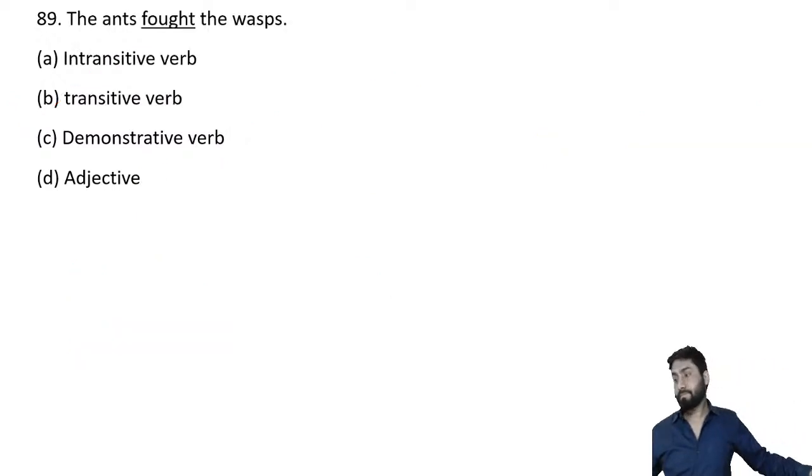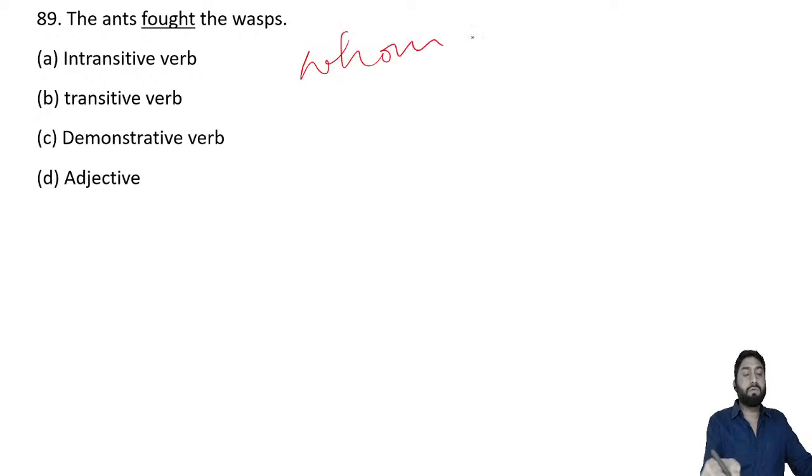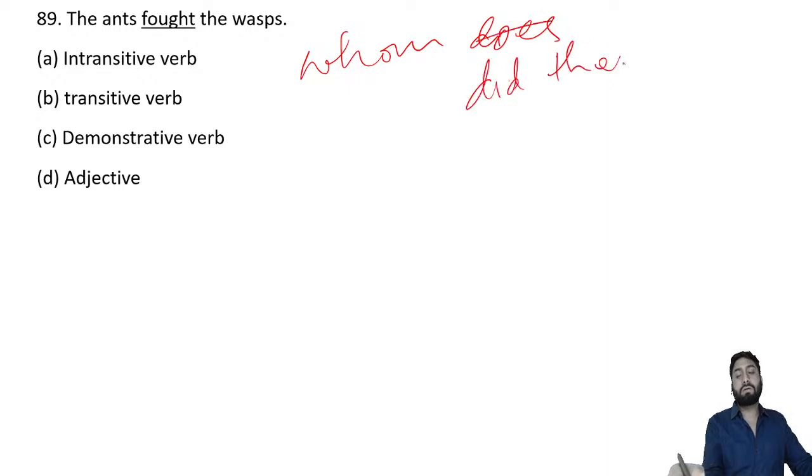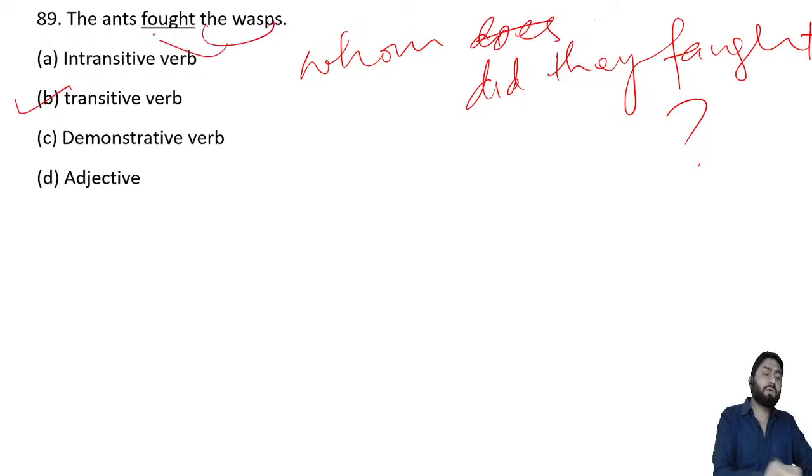89. The ants fought the wasps. Whom did they fight? The wasps, right? So we have the transitive, intransitive, demonstrative, and adjective. You know that all, right? So transitive, because it has the object.